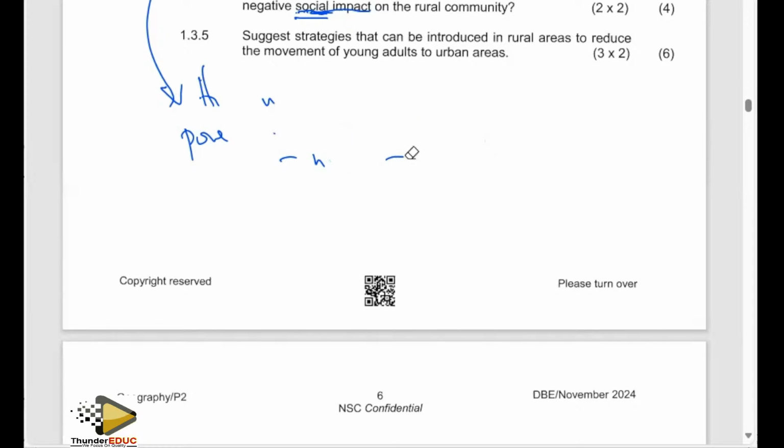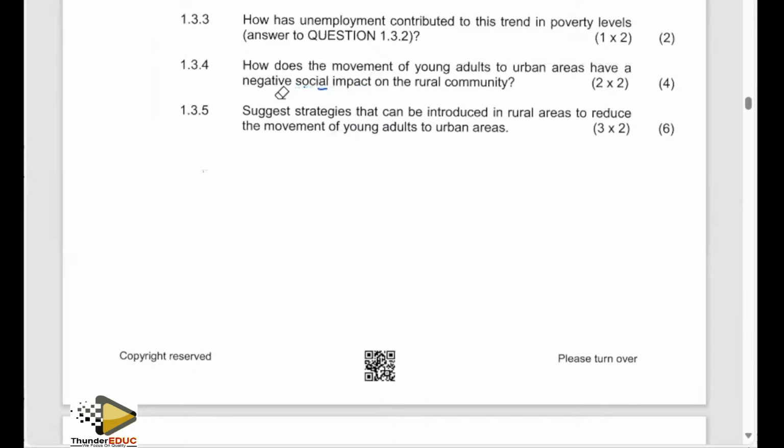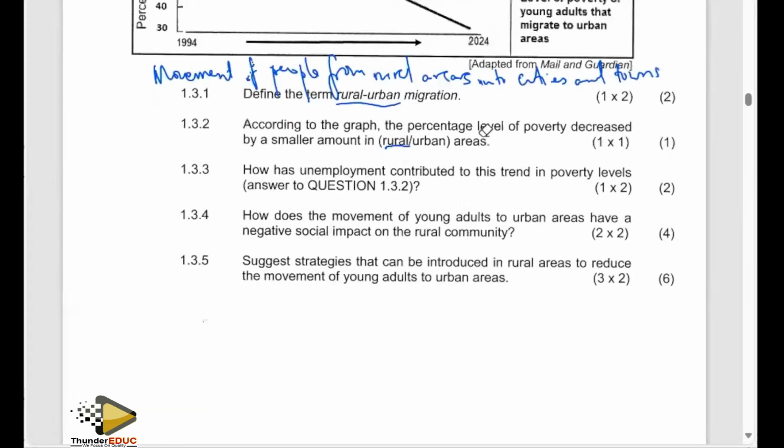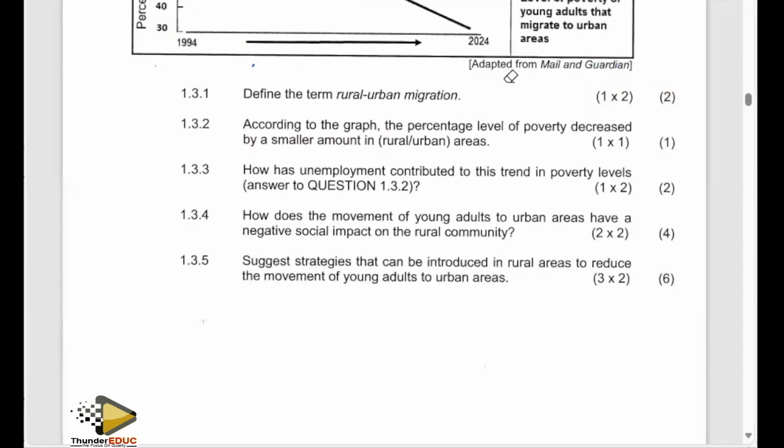Right. So if we check that situation, these are the young adults who are mainly moving out of the rural areas, going to the cities and towns. So who is being left behind? If the young adults are the ones who are leaving the rural areas to go and find opportunities in the cities and towns, definitely, we have the problem of aging population.